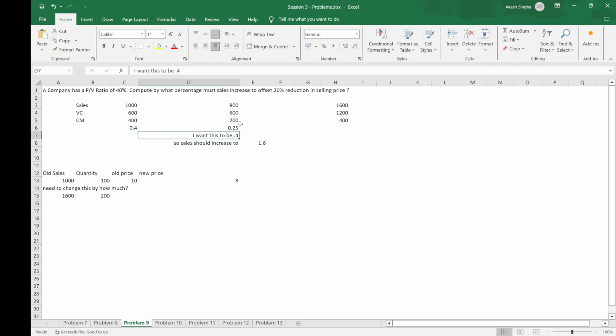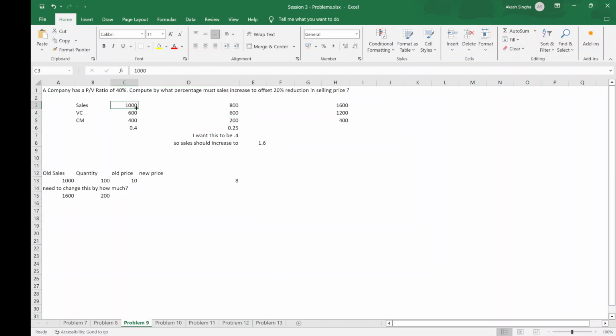So if we want this to be 0.4, our contribution margin should be 0.4 into sales, right? So using this equation, we have to calculate how much the sales would be, and variable cost will also be increasing in that manner, right?